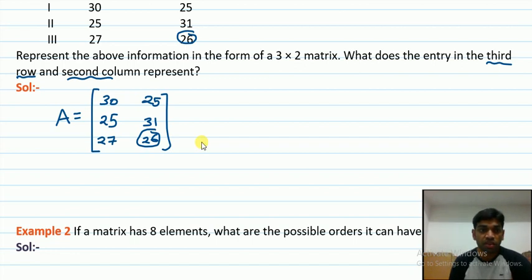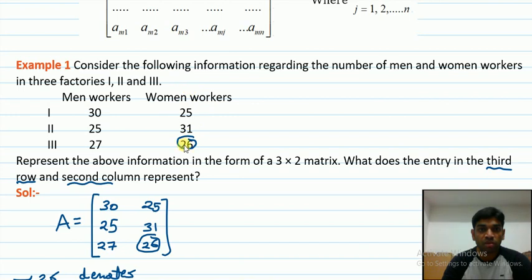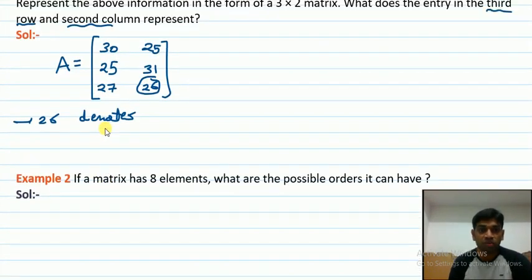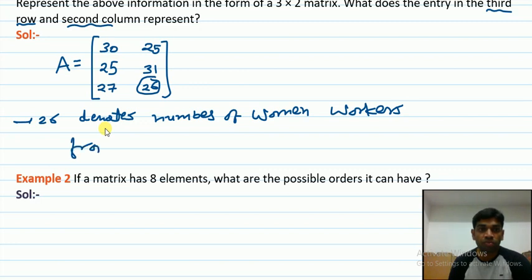So 26 denotes the number of women workers from factory 3.